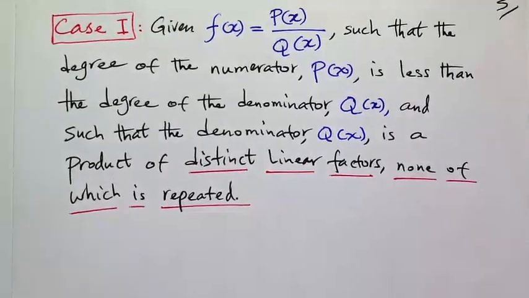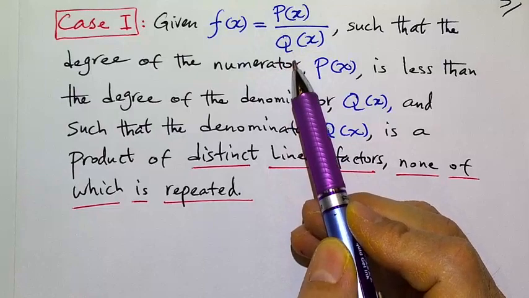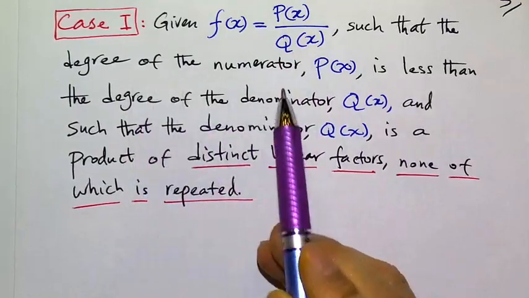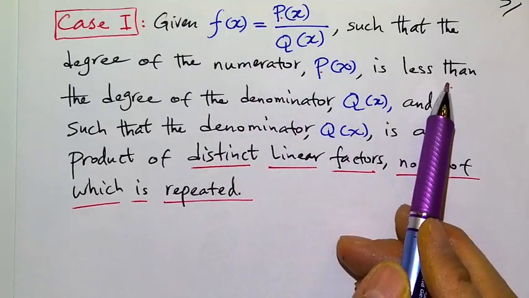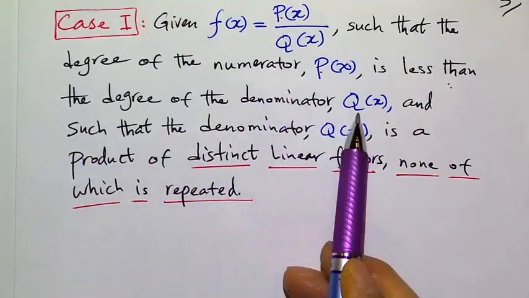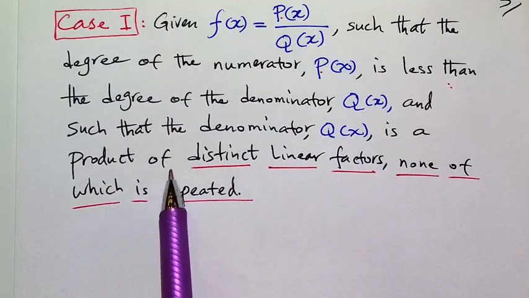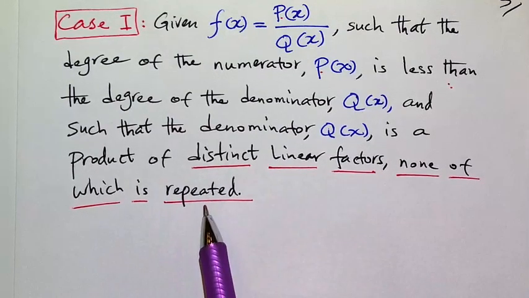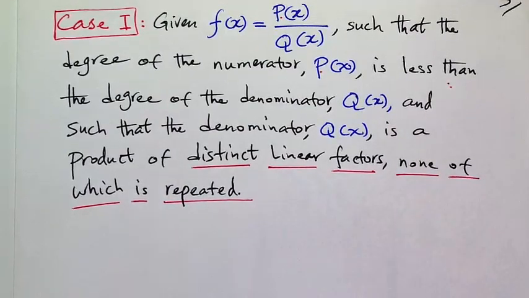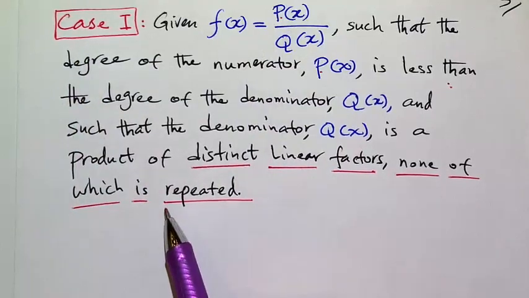So case 1 would be, given a rational function like this, p of x over q of x, such that the degree of the numerator, which we call some polynomial p of x, is less than the degree of the denominator q of x, and such that the denominator q of x is a product of distinct linear factors, none of which are repeated. If we have a rational function in this form, then that's considered case 1.